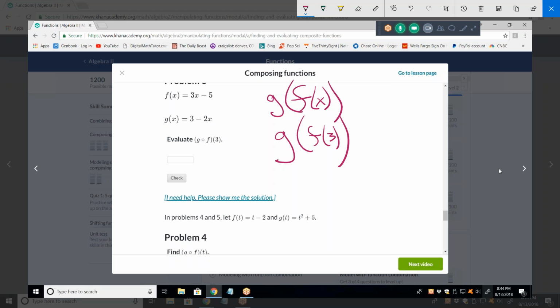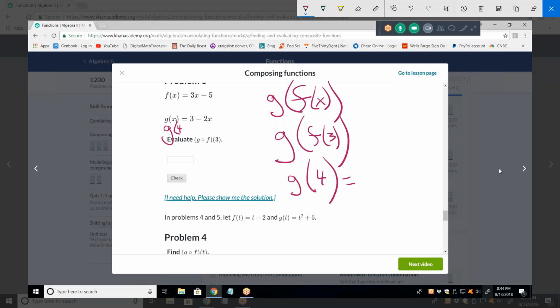So what's the next thing I should write? So then it would be g of 4. Good. What's that equal to? Oh no, wait, that's equal to g of 4.